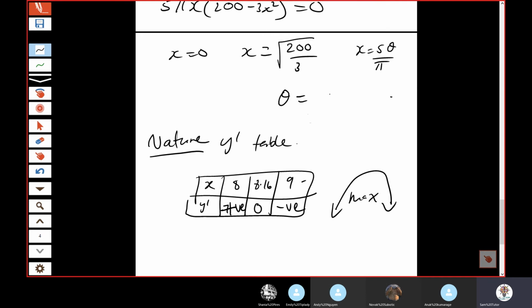You found x, but you needed to find theta. So your theta would be what we had written before. Pi root 200 on 3 all over 5. That is the theta. I went and tried to find the theta of this, the volume of this theta, which doesn't work out like that. It's meant to find where the volume in terms of x occurs.